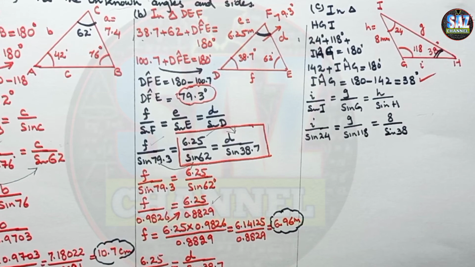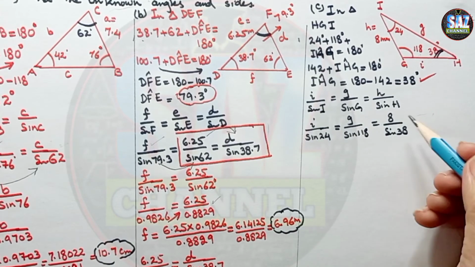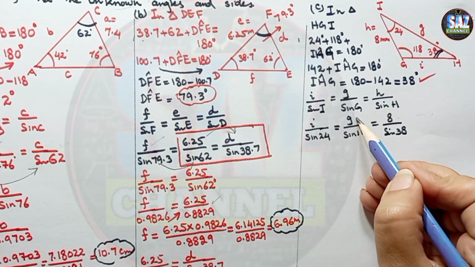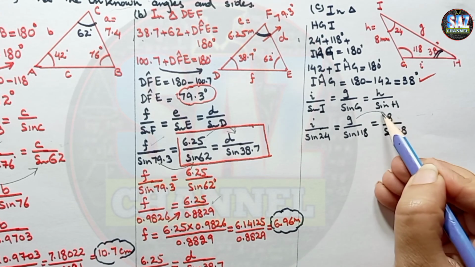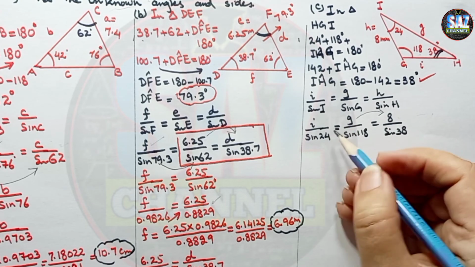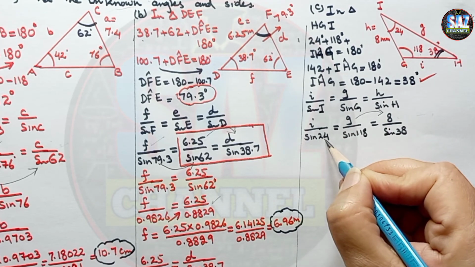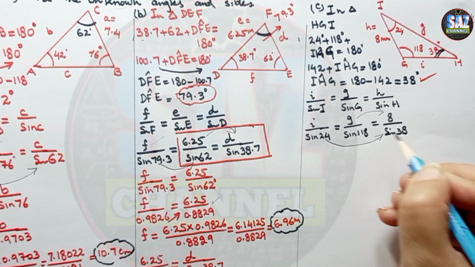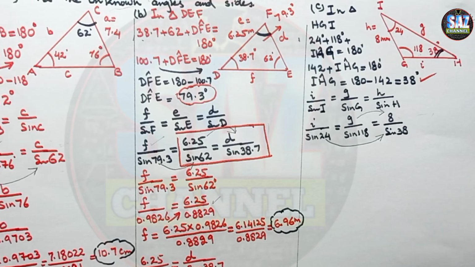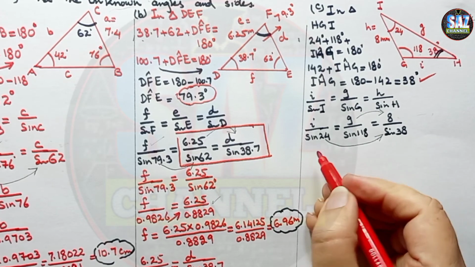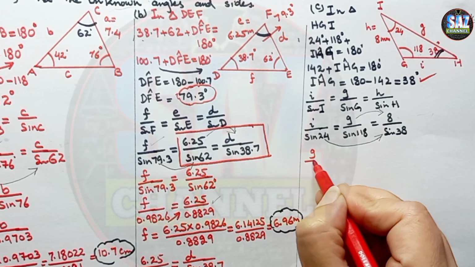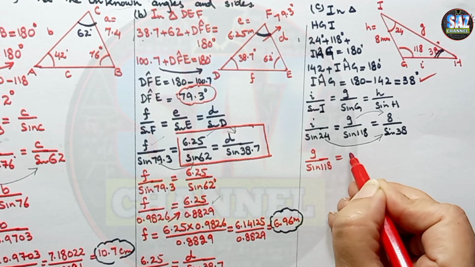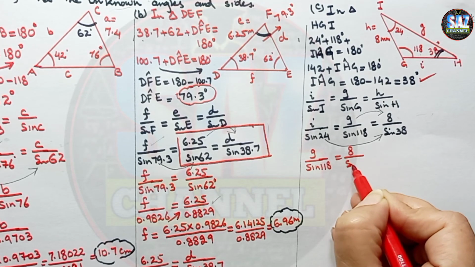Now we can see again that we are given both the numerator and denominator here. So we have to equate this fraction with that fraction, and for the calculation of i, again I will be equating this fraction to 8 upon sine 38. Let's quickly move to the solution of the unknowns. g upon sine 118 equals 8 upon sine 38.